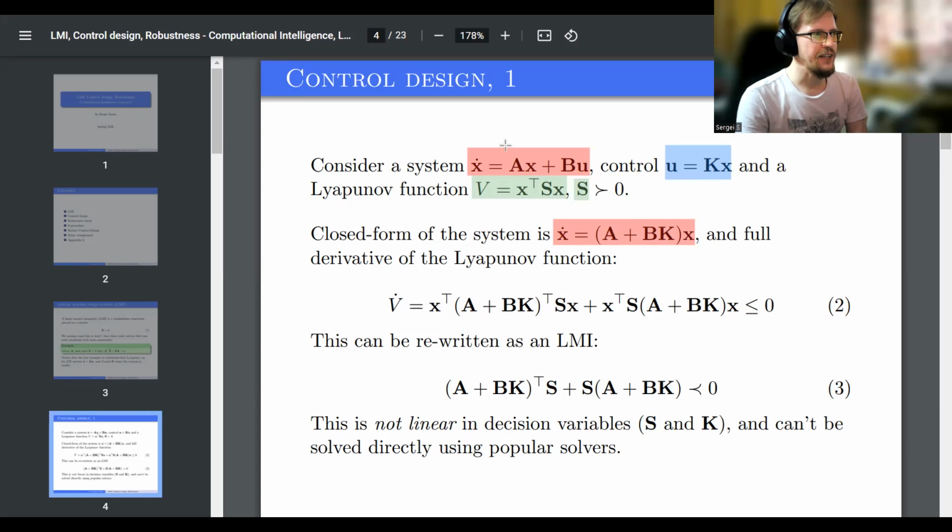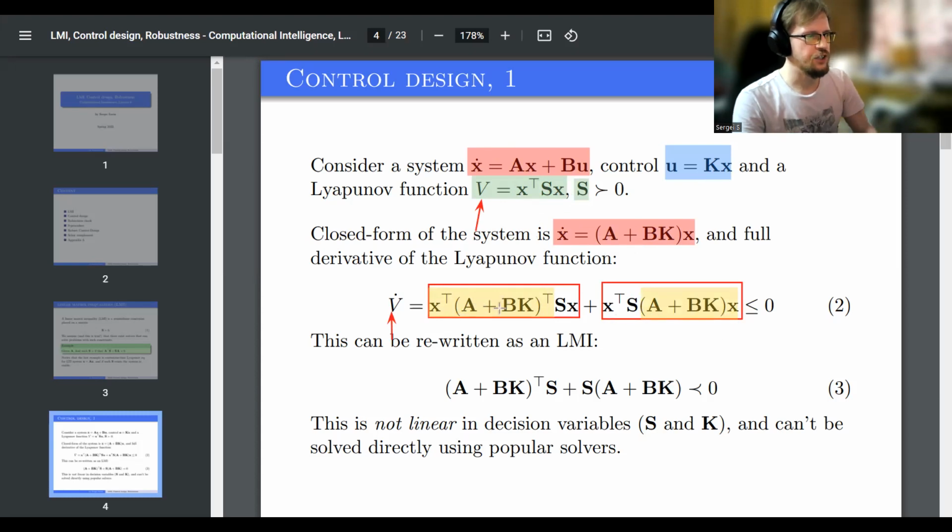Now let us find the time derivative of this Lyapunov function. Well, the time derivative would be x dot transposed S x, plus x transposed S x dot. Notice that this part is x dot, and this part is x dot.